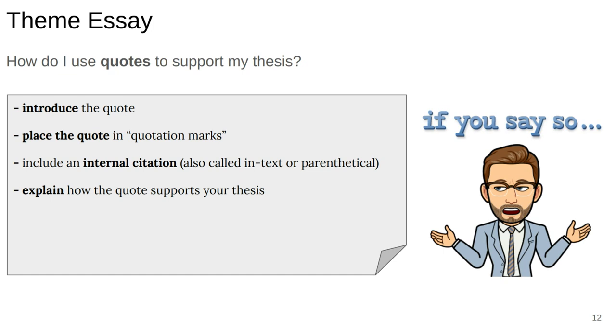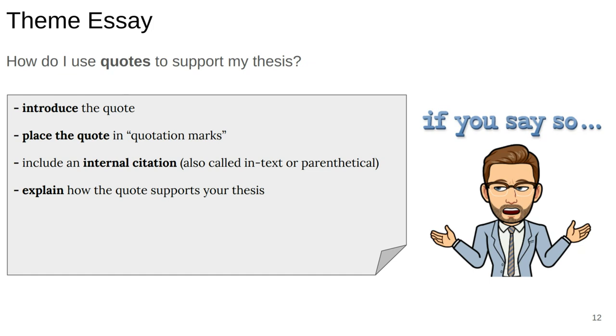And then you need to include an internal citation, and sometimes you'll hear this called an in-text citation or a parenthetical citation. Parenthetical because it's inside parentheses. In text because this citation gives author information about where the quote came from, and it does it inside the paragraph. There are two places that we include author information in an essay like this.